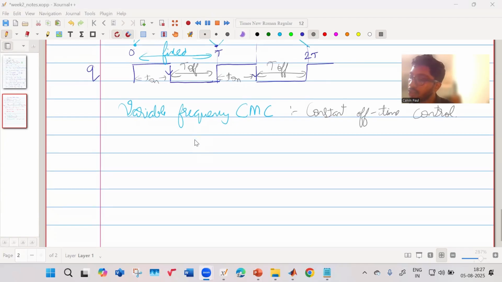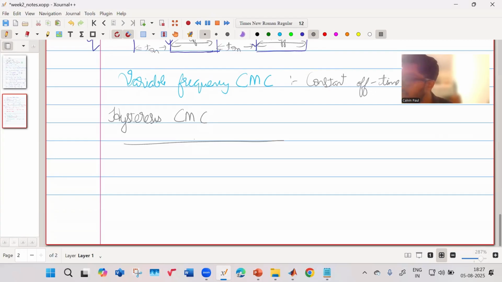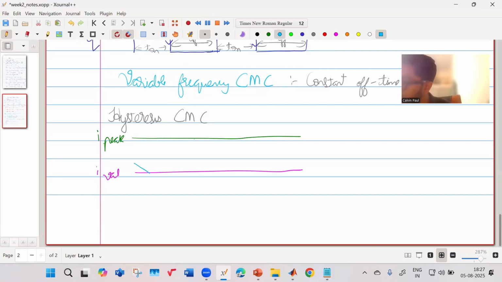You can also have what is known as hysteresis current mode control. That is, you have a peak, you have a valley, and your current, when it touches the valley, what will happen?